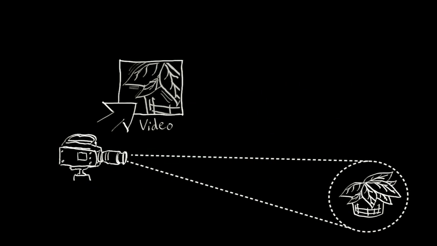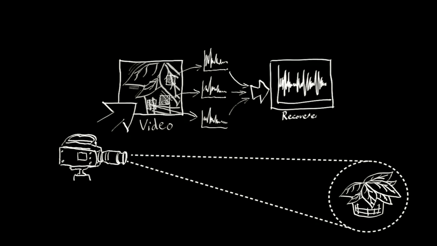So what if we record them with a high-speed camera and then use software to extract tiny motions from our high-speed video and analyze those motions to figure out what sounds created them? This would let us turn visible objects into visual microphones from a distance.